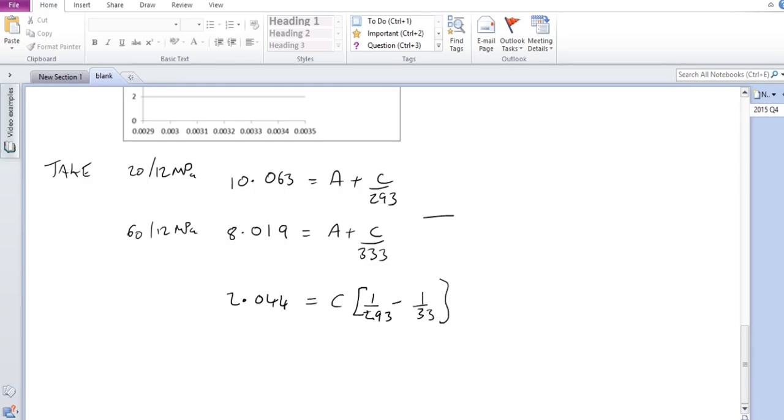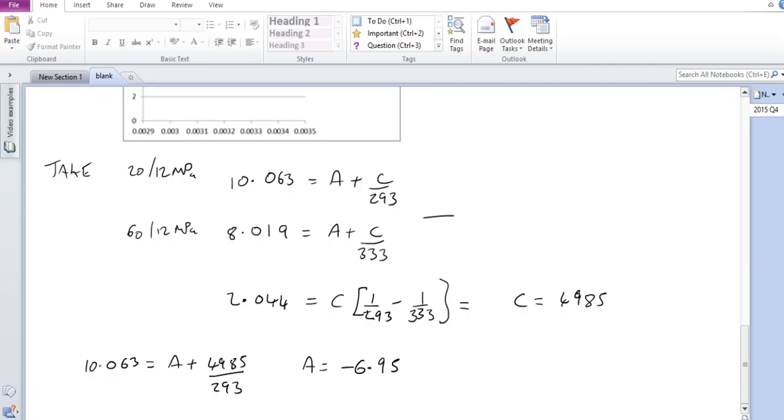Just rearranging that, we end up with C is 4985. We can then put that back into one of the equations. So 10.063 is A plus 4985 over 293, which, working it out, comes to A is minus 6.95.